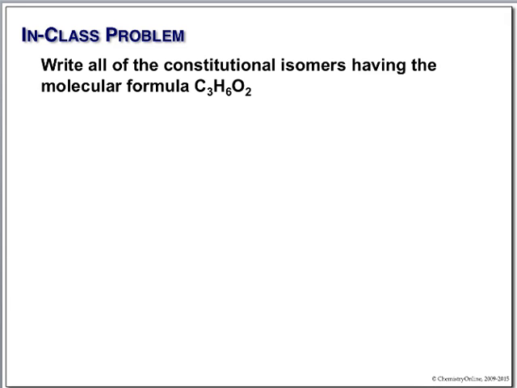So you get a point for every one you draw correctly. Well, let me just show it to you. And you can practice this on your own. It's kind of a fun problem. C3H6O2.